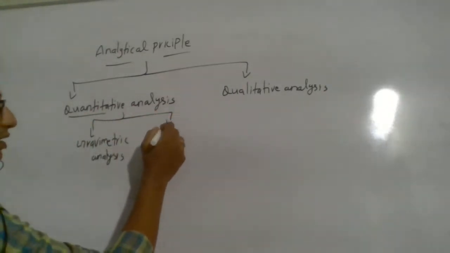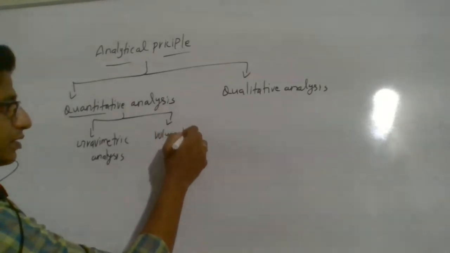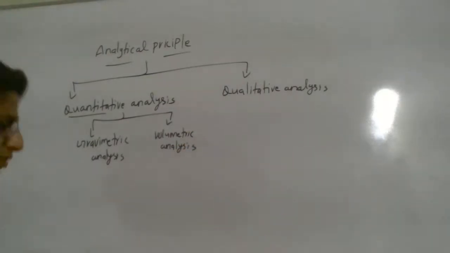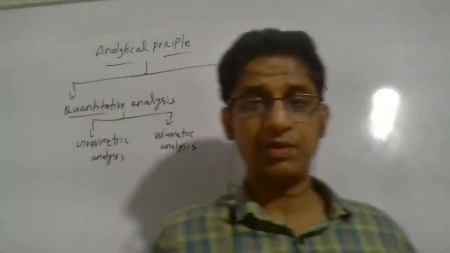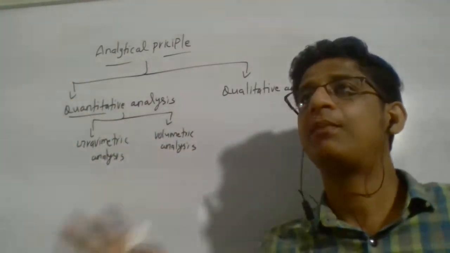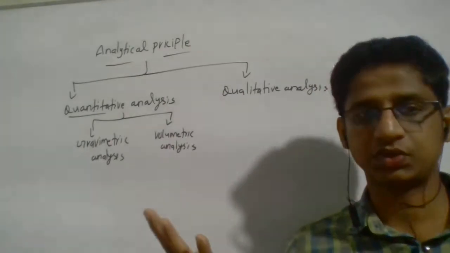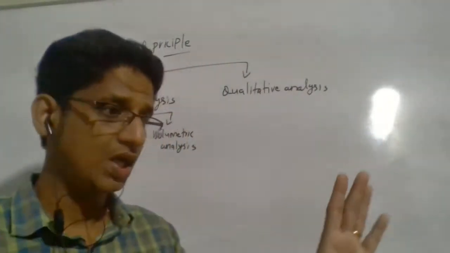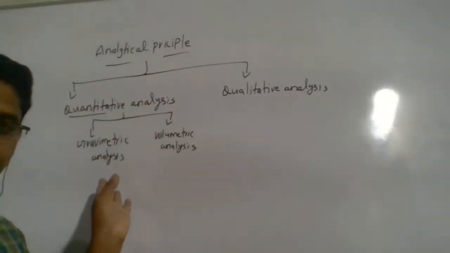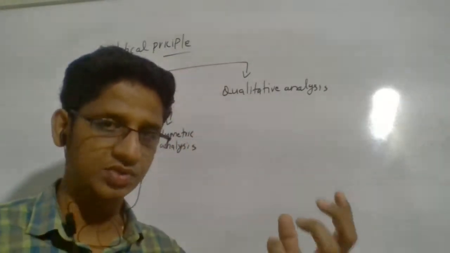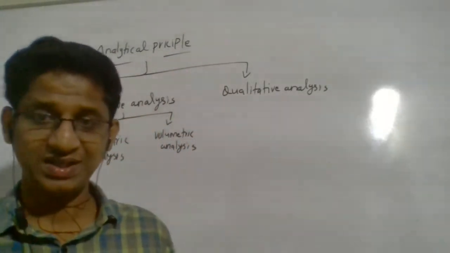Similarly, volumetric analysis is also an example of a quantitative analysis, where finally we measure the volume. Using that volume, we can measure the mass of the given substance in the whole solution. From both you can identify what quantitative analysis is all about, where we focus on the amount of substance in the sample.